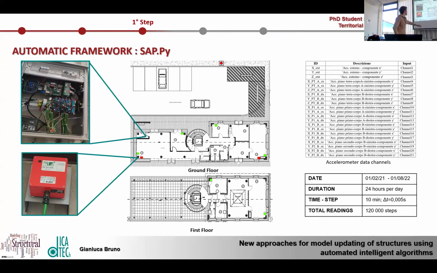In red are the axial accelerometers on the bottom, and on the first floor we have the axial accelerometers, the green ones.